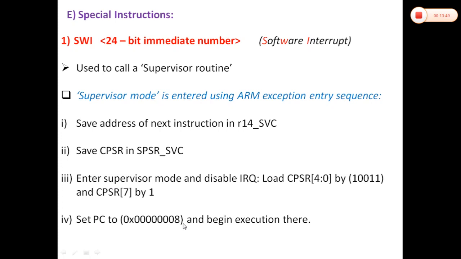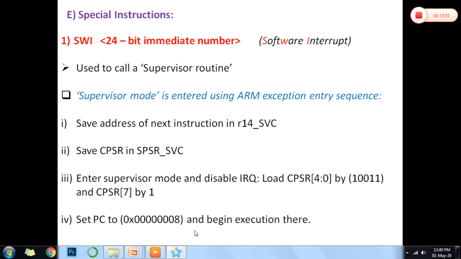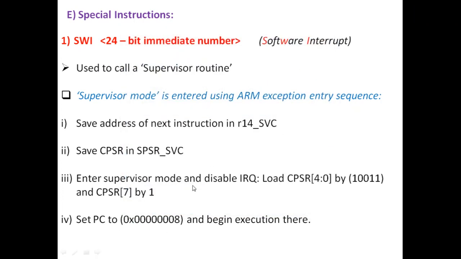by the vector address associated with this software interrupt instruction. Okay, and therefore obviously the execution is transferred to this new address. So that's how, when this instruction is executed, the address of the next instruction is saved in the link register of supervisor mode.